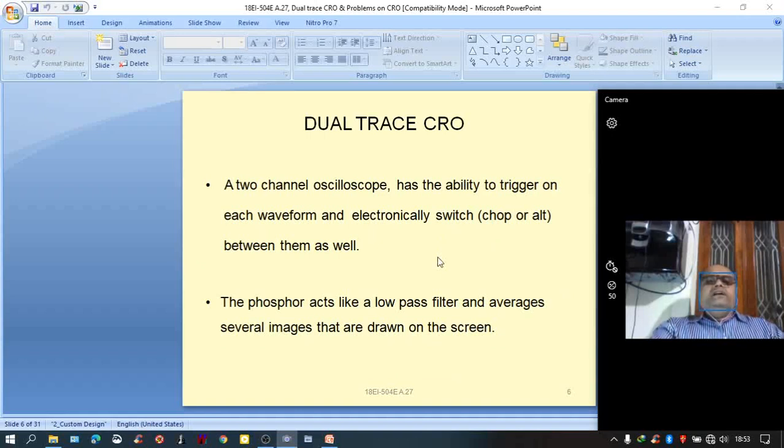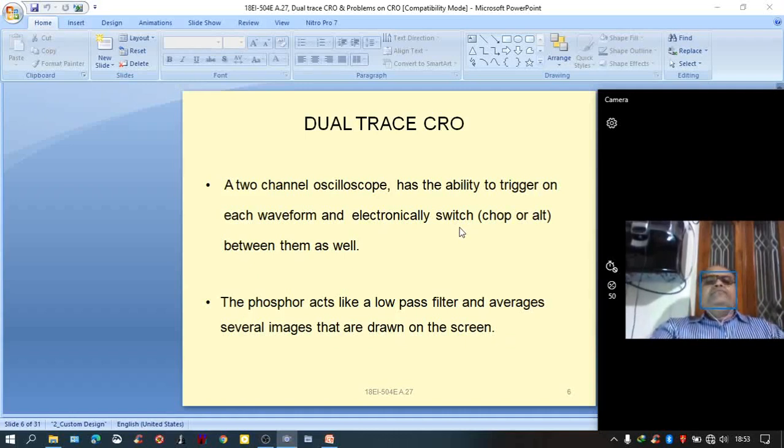A two-channel oscilloscope has the ability to trigger on each waveform and electronically switch, either using chop mode or alternate mode, between them as well. The phosphor acts like a low-pass filter and averages several images that are drawn on the screen. Particularly in chop mode, what happens? Both the signals are continuously chopped.